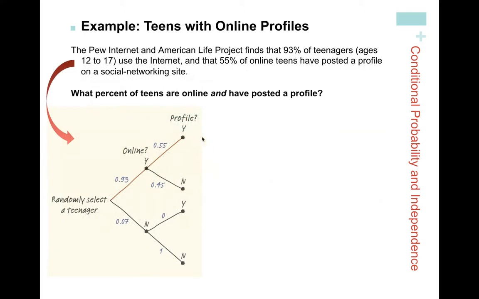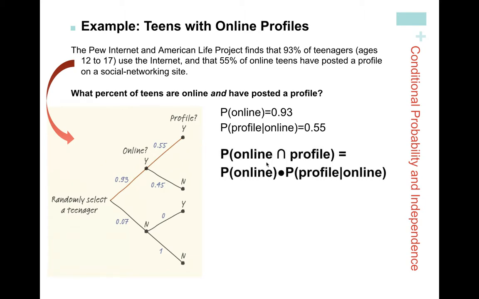Okay, so that probability is going to be right here, and I'll show you by filling in the rest of this tree diagram. Here is just our general multiplication rule for an intersection.